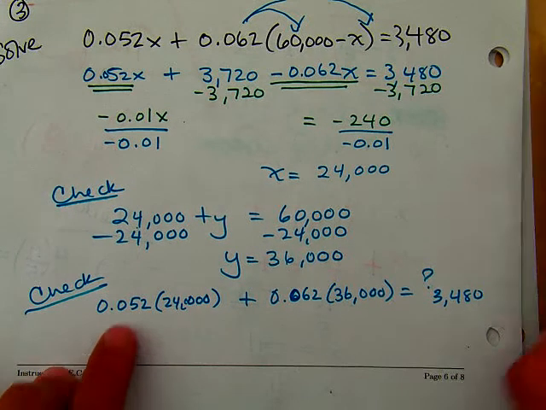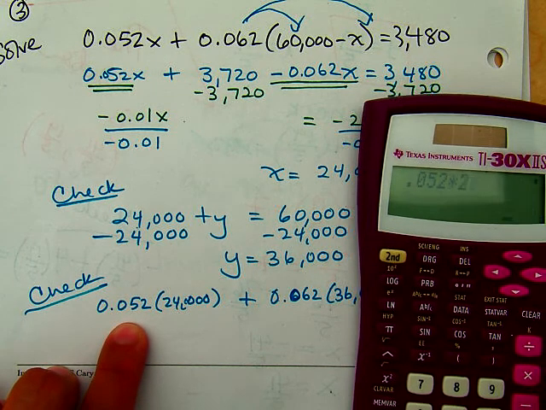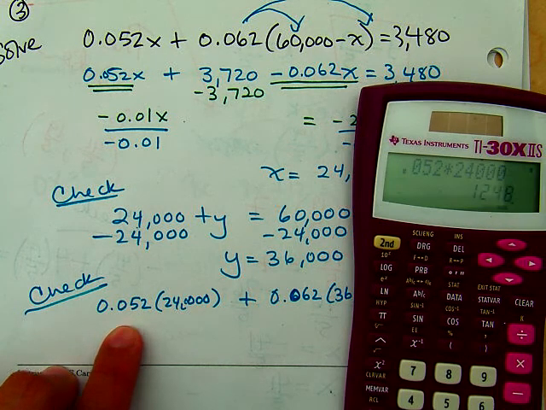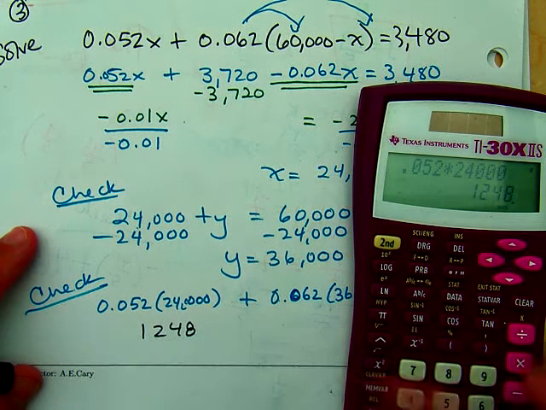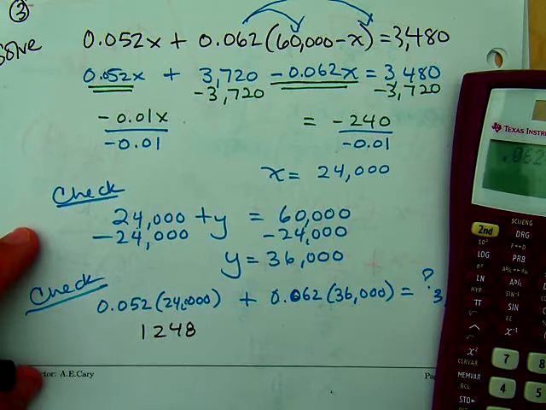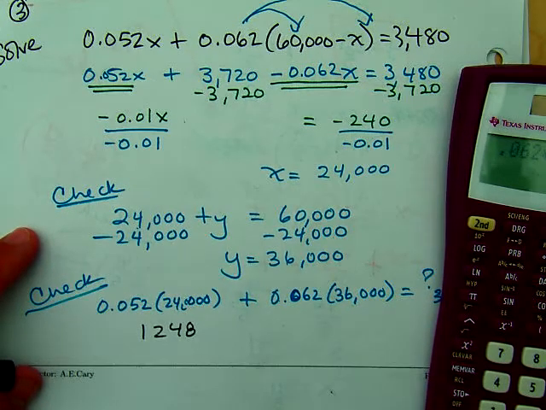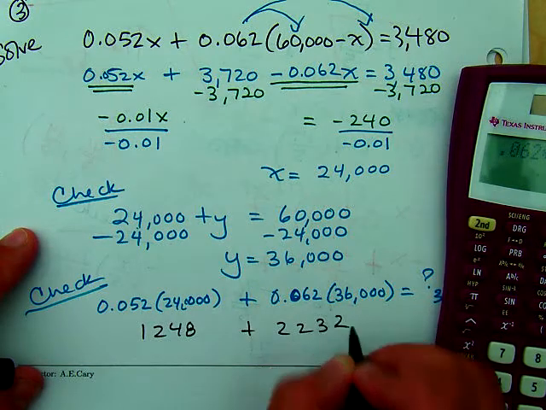So on my calculator, I'm going to type in 0.052, that's 5.2%, times 24,000. That gives me interest of 1,248. 0.062 times 36,000 gives me interest of 2,232.